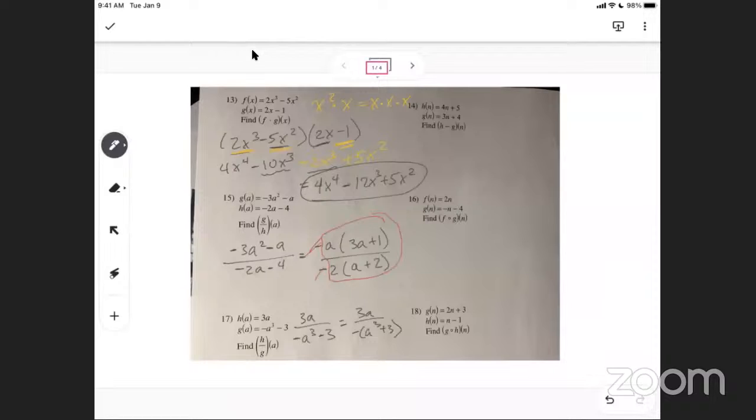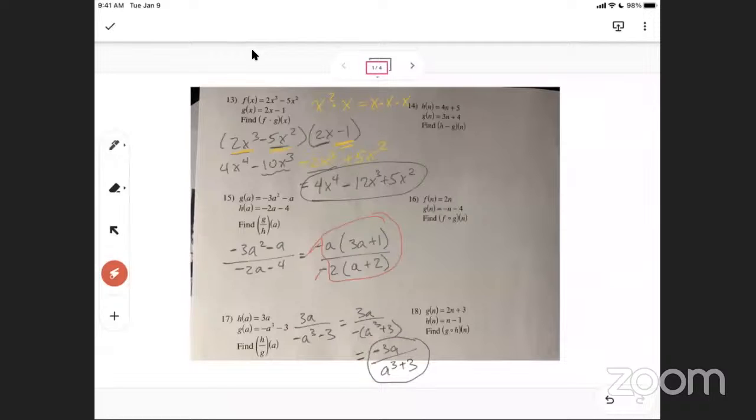Then I would take this negative and, instead of having it on the bottom, put it up at the top. So negative 3a over a cubed plus 3. That looks nicer to me. The first thing I wrote isn't wrong, but this looks a little bit nicer and cleaner. And it's the same thing.